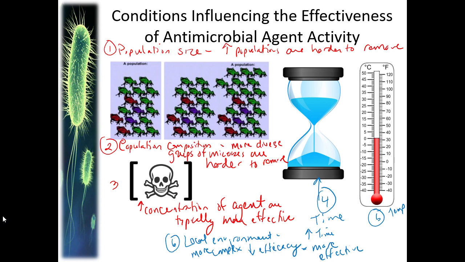Okay. Does this kind of make sense? These are things that you potentially want to think about if you're trying to remove the microbes from an object. You may want to think about how many microbes are there? Is this a complex environment? That may impact your thinking.